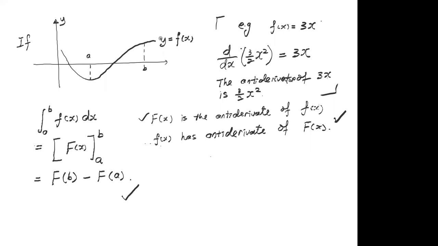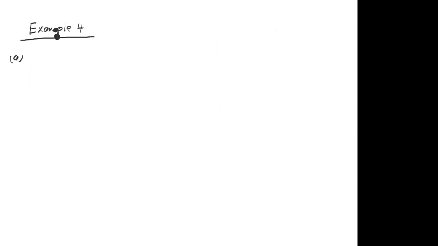Are you okay? So let's look at example 4 in your textbook. If you look at part A, they give you the function y equal to x squared. So this is your f(x). Can you tell me what is the antiderivative of f(x)?